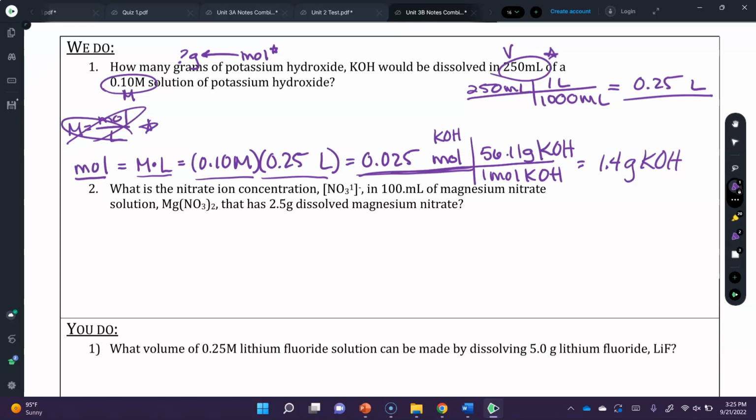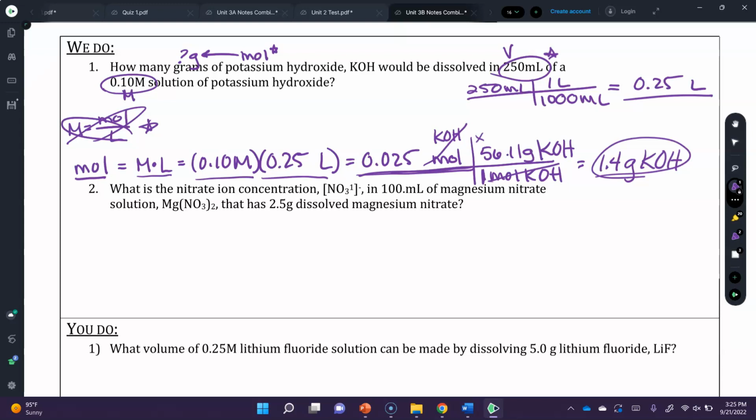The grams to mole ratio is the molar mass, so 1 mole of potassium hydroxide has a mass of 56.11. Multiplying across the top and dividing along the bottom to cancel units, you should end up with 1.4 grams of potassium hydroxide.